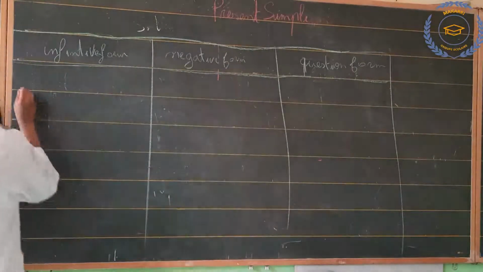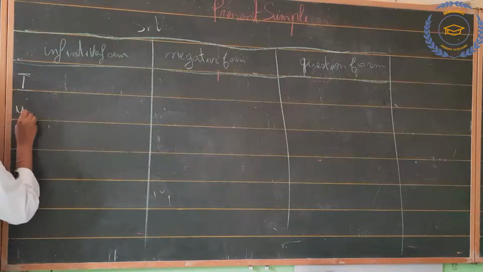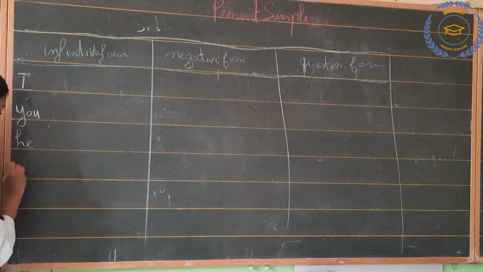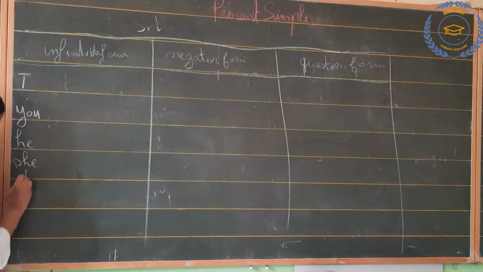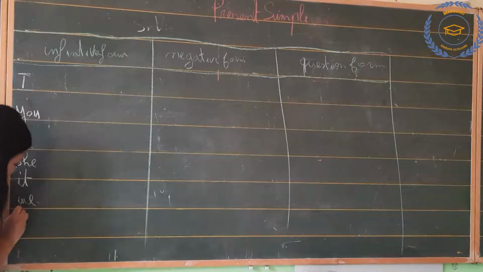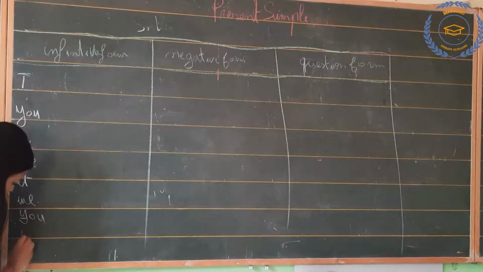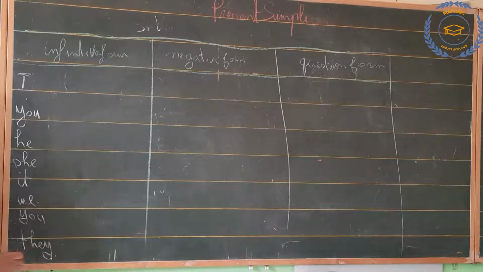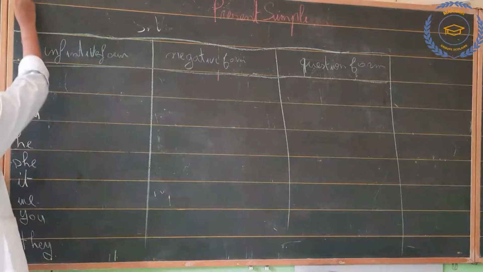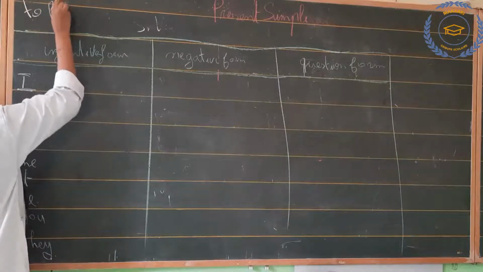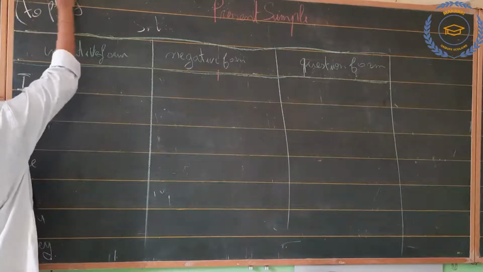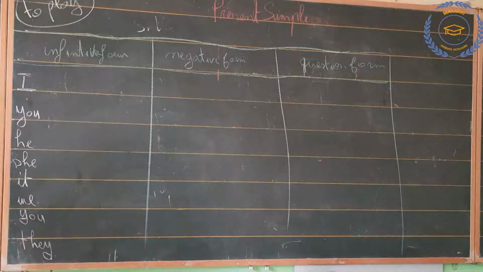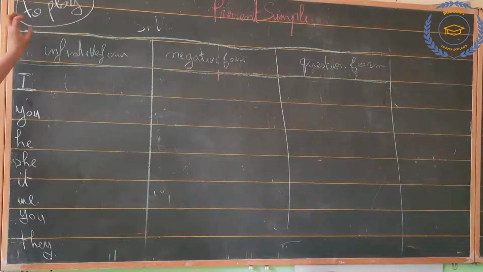Now we have I, you, he, she, it, we, you, they. For example, let's take the verb to play. I told you that we use the base form of the verb with the subject.